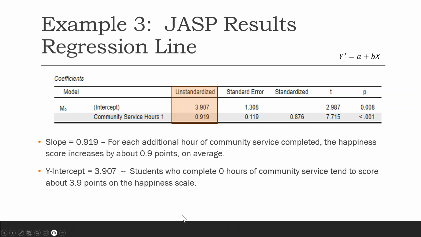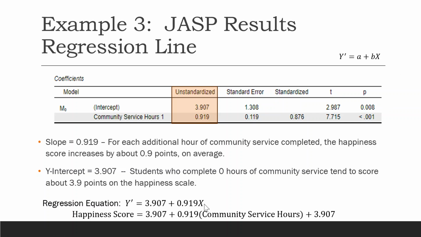We can put those together into our regression equation, and we get the following regression equation. Y prime equals 3.907 plus 0.919 times x. A lot of times, instead of using x and y, we may use the words that x and y represent in our regression equation. So we can also write it in this form here.